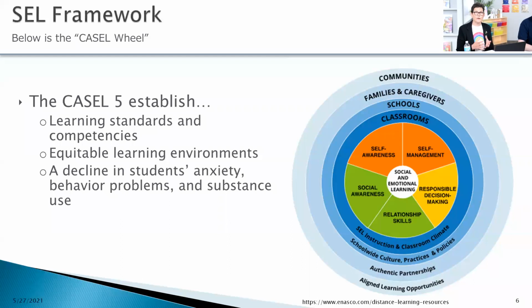And then social awareness is being a good citizen, understanding community, understanding culture, and learning about others with respect. And so all of those compile our social and emotional being.